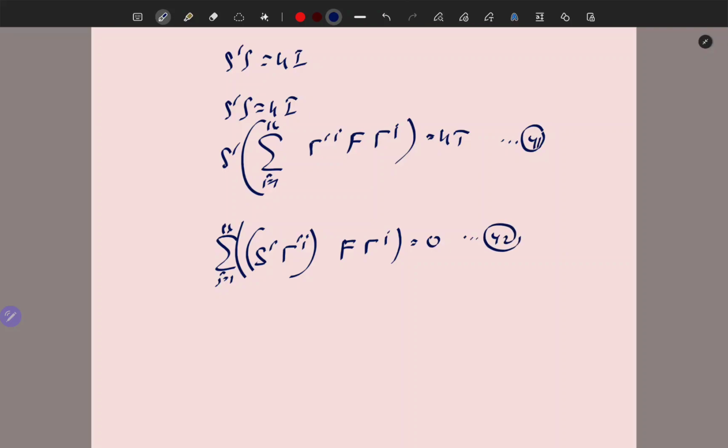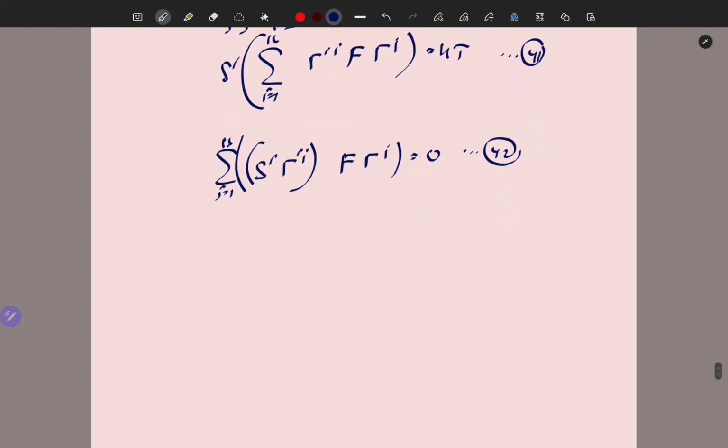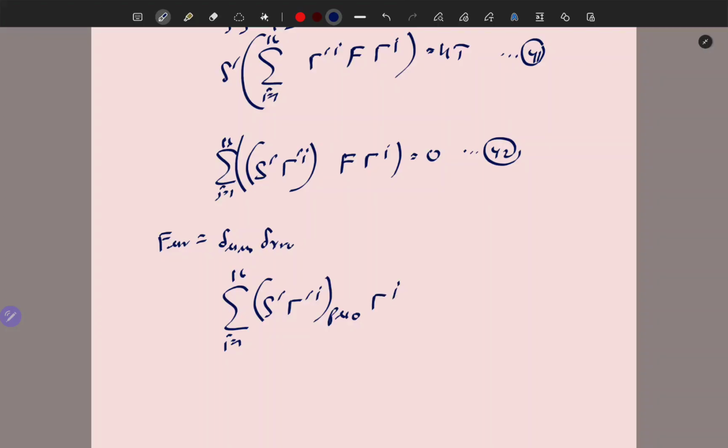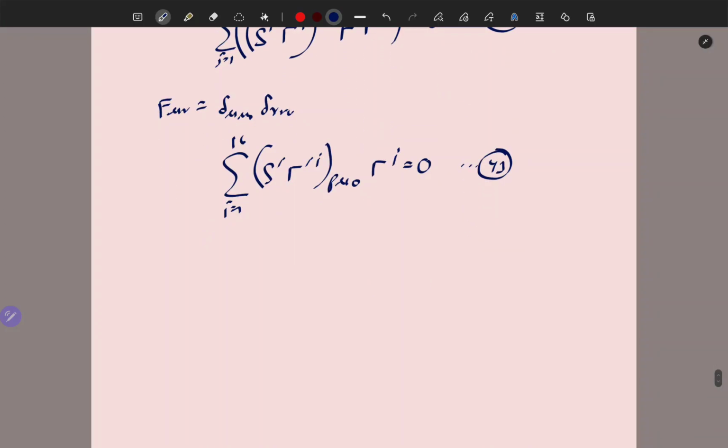This is equation number 42. Once again, choosing the arbitrary 4x4 matrix F as F_{μν} equal to δ_{μμ0} and δ_{νν0}, the above expression leads to the summation over I equal to 1 to 16 of S' γ'_I{ρμ0} γ_I equal to 0. This is equation number 43, which contradicts the property F.